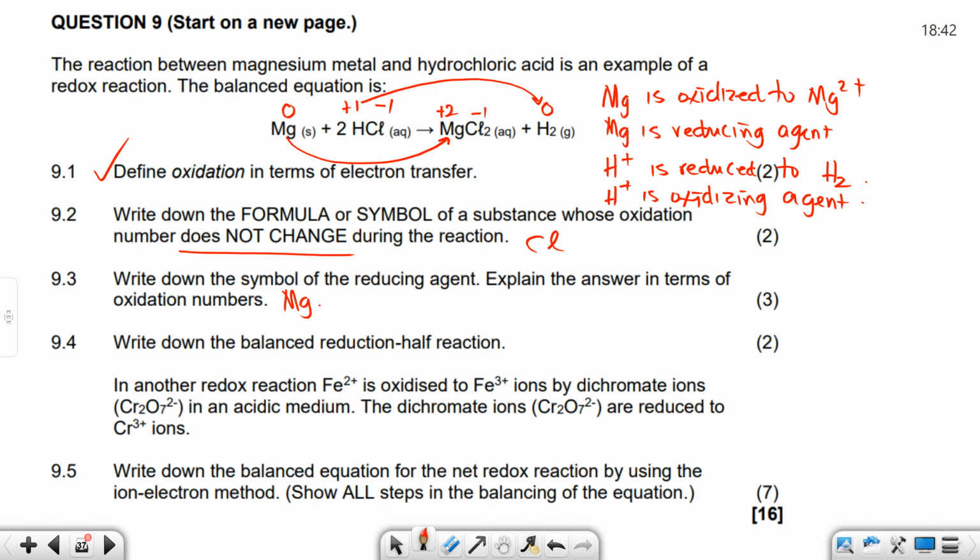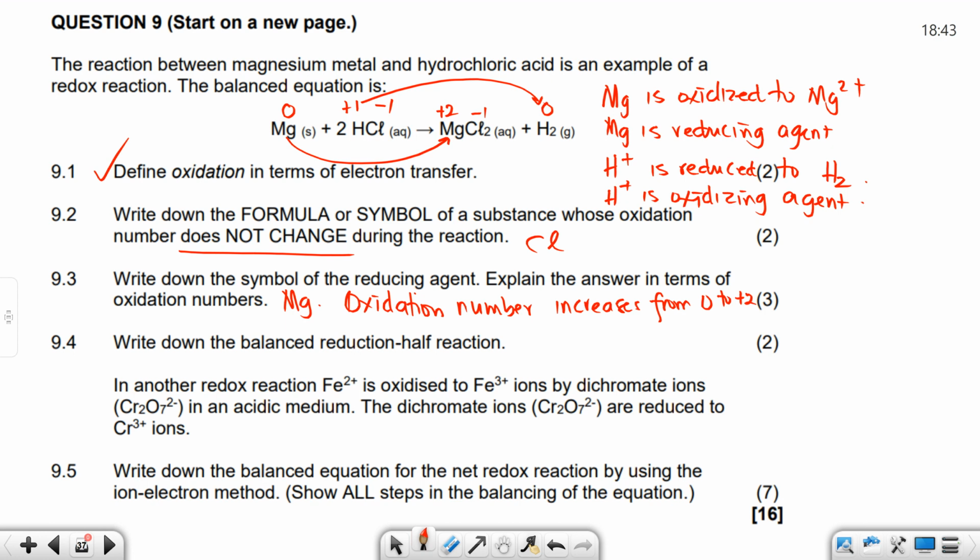Mg. Explain in terms of oxidation number what happens. Oxidation number of Mg increases. Please, from 0 to, that's where your marks are. From 0 to positive what? 2.